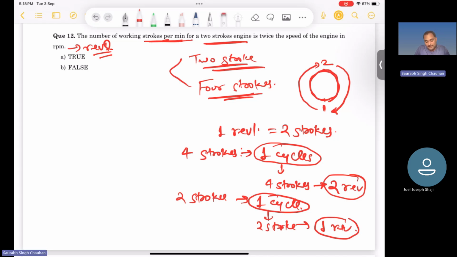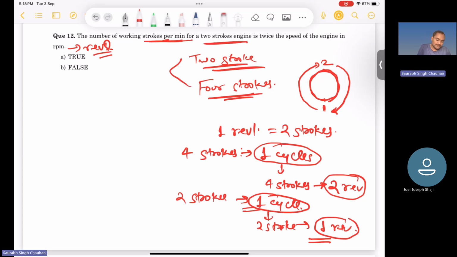Because for every one revolution, there is one cycle. Working stroke means power stroke, or any type of stroke. Basically it means, for one revolution, how many cycles are there? For two-stroke engines, for one revolution there is one cycle. And for four-stroke engines, for one revolution there will be half a cycle.